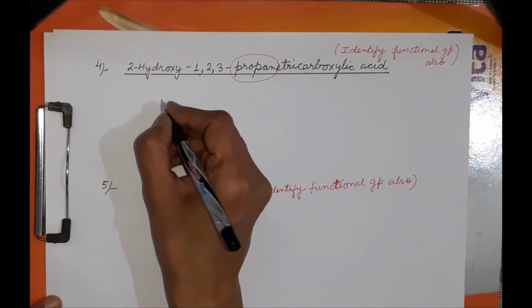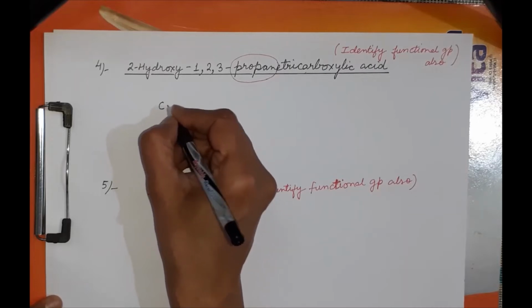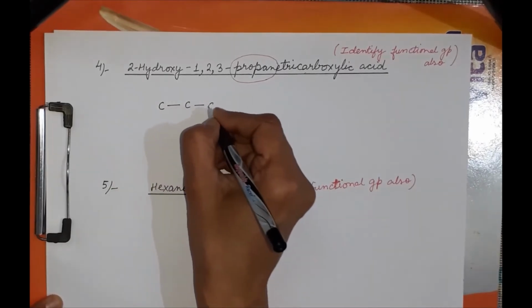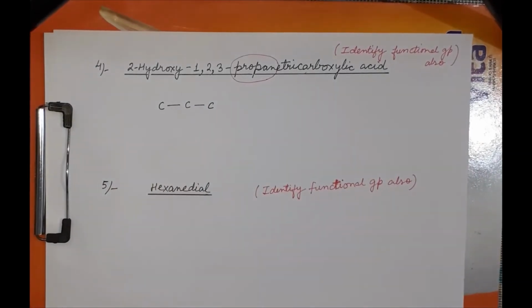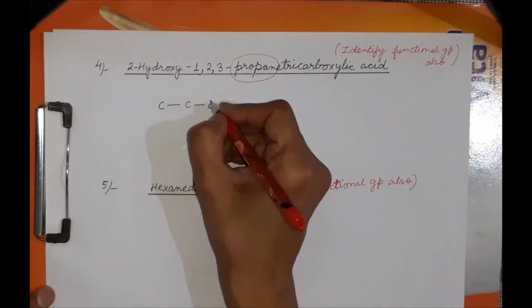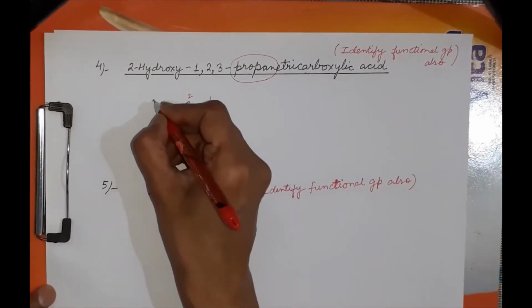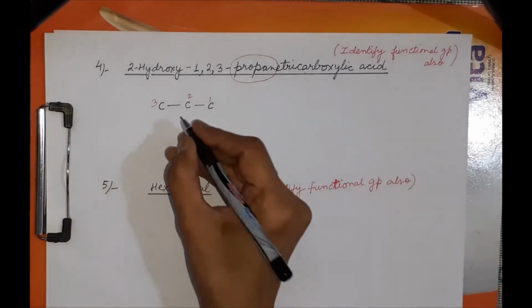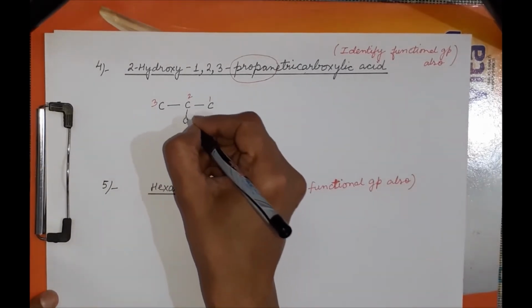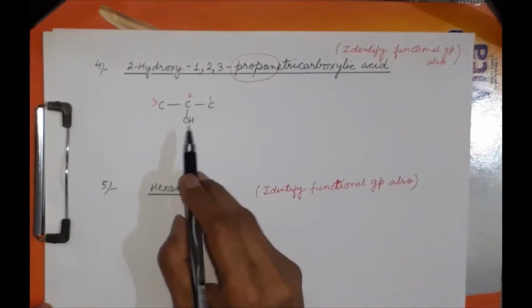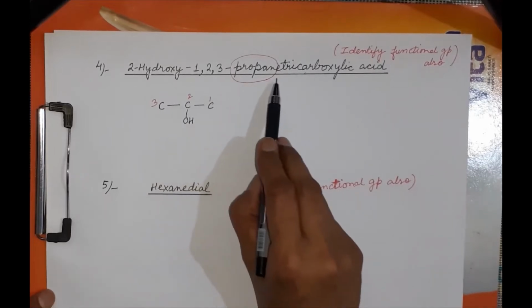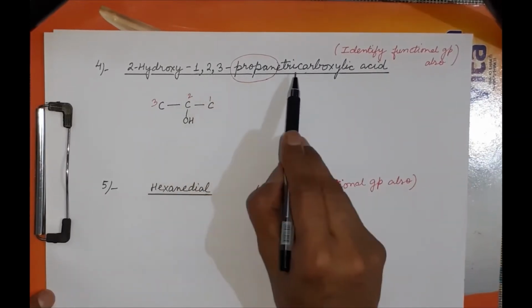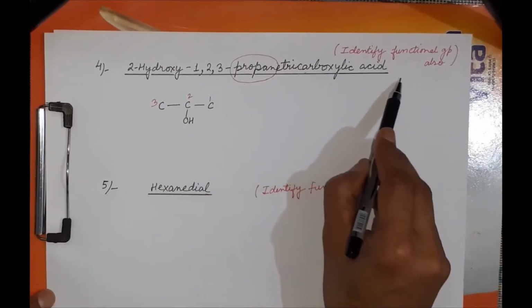So first let me write 1, 2, 3. These are the 3 carbon atoms with numbering 1, 2, 3. At the 2 carbon atom position we have 2-hydroxy. And then propane-1,2,3-tricarboxylic acid.